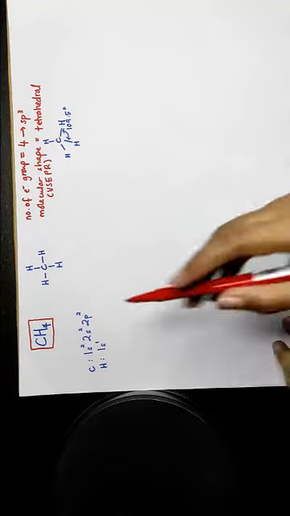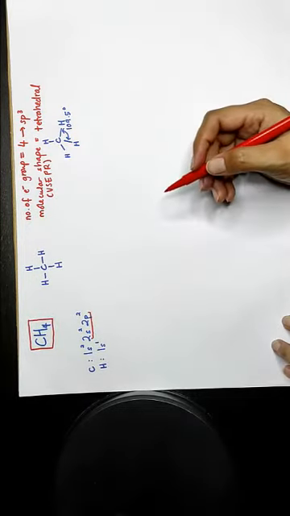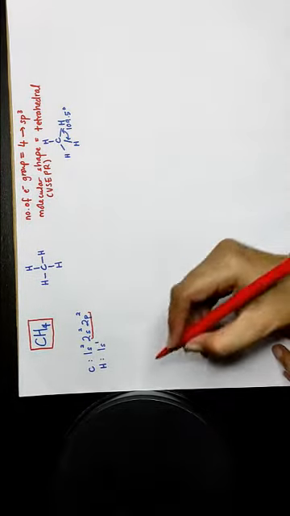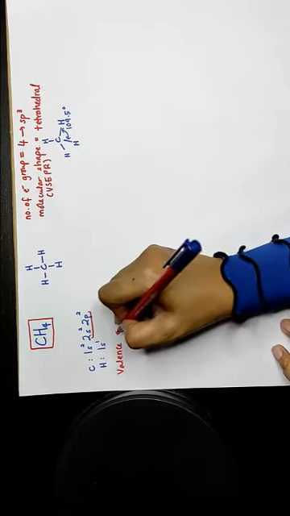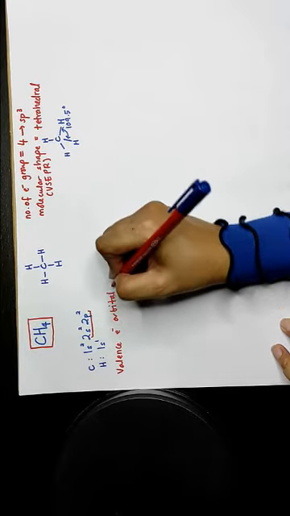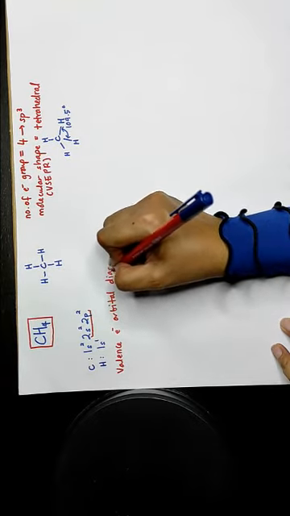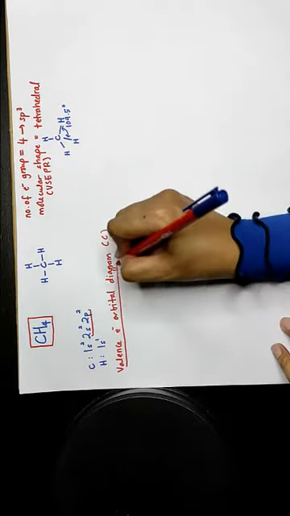Carbon has 4 valence electrons which occupy 2s and 2p orbitals. Okay, so now draw the valence electron orbital diagram of carbon atom.